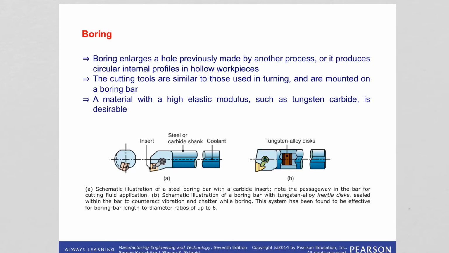And also there is image B. Sometimes they put tungsten alloy discs within. This will help to counteract the vibration and chatter while boring, because these are the devices that provide dimensional accuracy and surface finish. We need to be careful about damping the vibration.